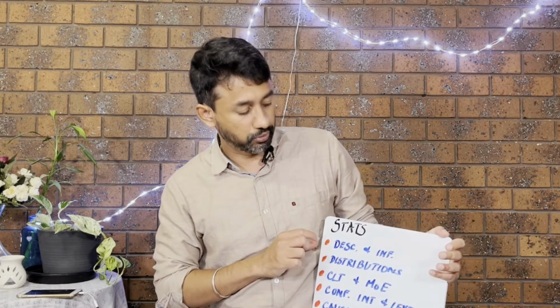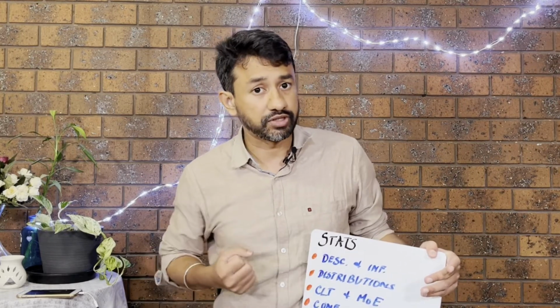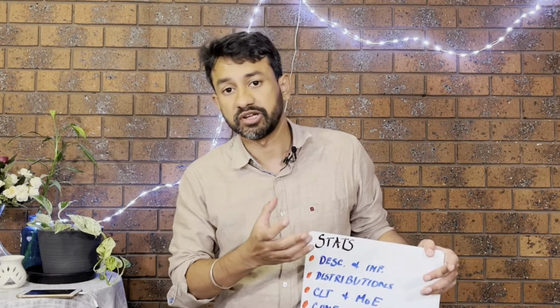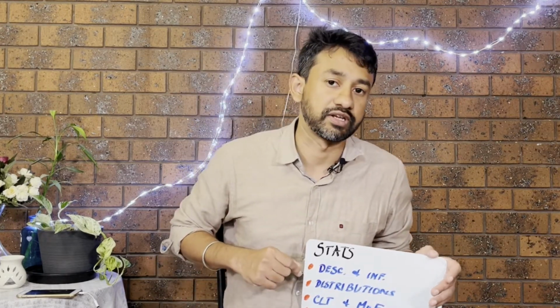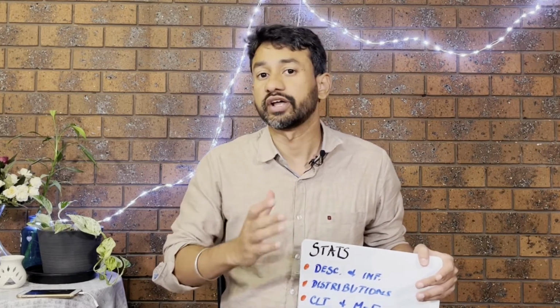You need to learn the descriptive and inferential statistics techniques that help you to understand better about the data and to extract the insights out of the data. The next one is what are all the different distributions of the data set. When you have data, you need to understand how the data is distributed.